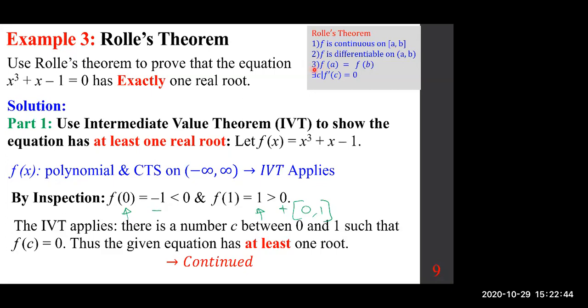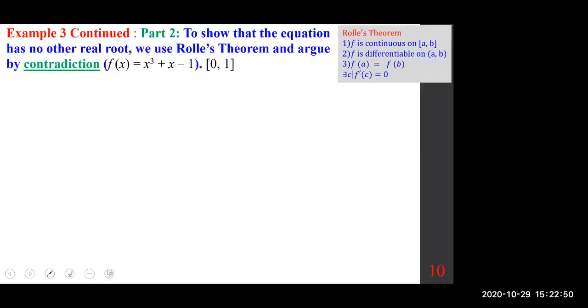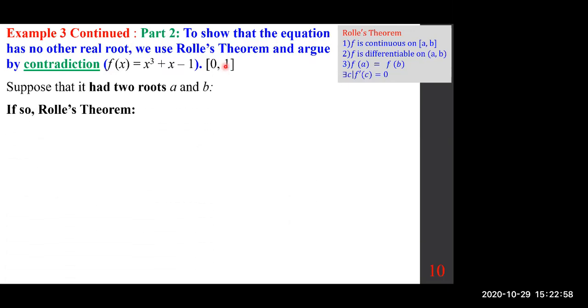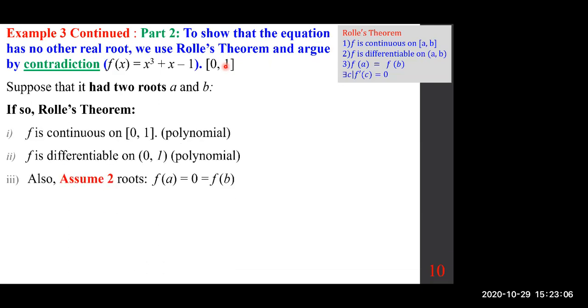assuming it has two roots, then f of a is equal to f of b equals 0. Okay, so we are going to look at the Rolle's theorem in the interval of 0 to 1. Suppose we have two roots. Then Rolle's theorem applies. So take a look. F is continuous.